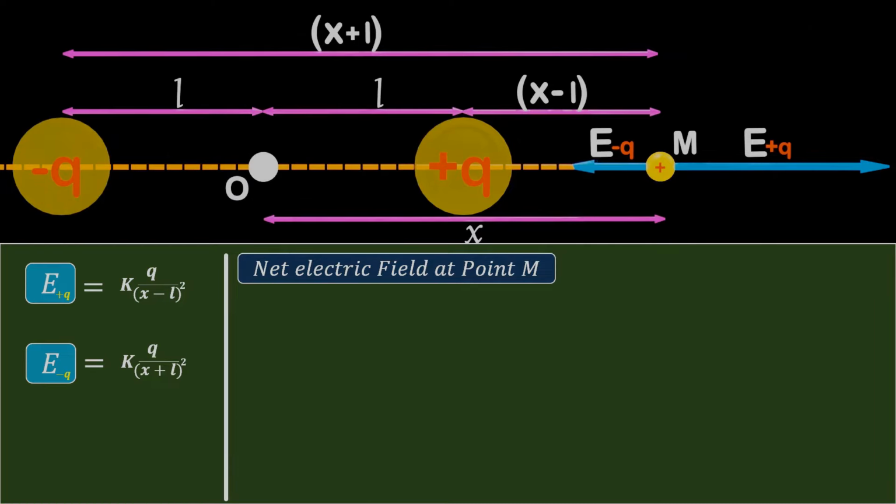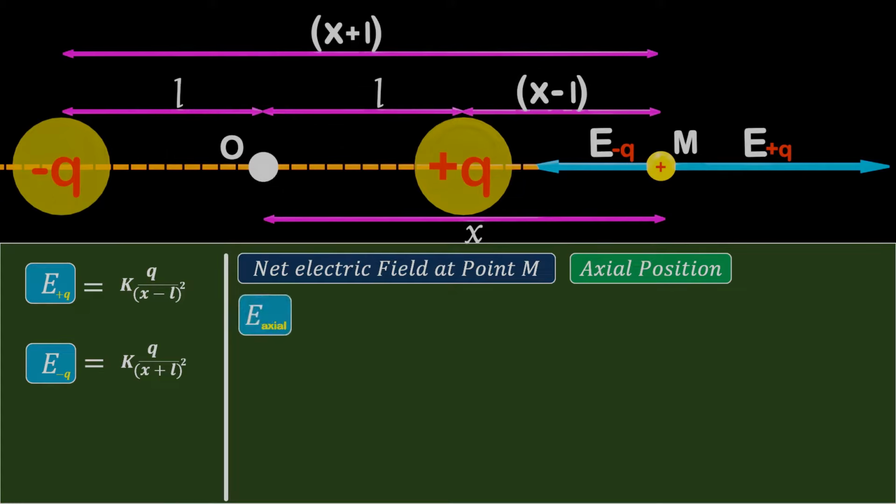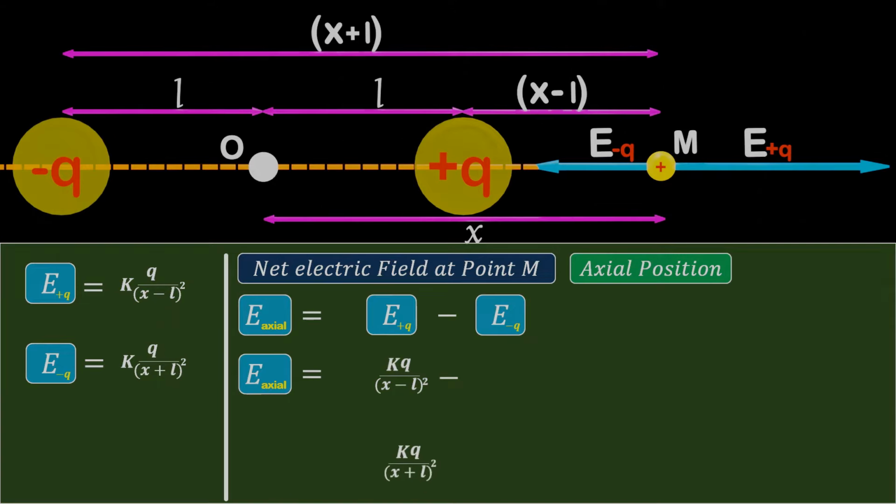Now, at the axial position, the net electric field, which we can also call E axial, will be equal to the electric field generated by the positive charge minus the electric field generated by a negative charge. We have already calculated both of these values. Thus, the expression becomes kq by (x minus L) square minus kq by (x plus L) square.